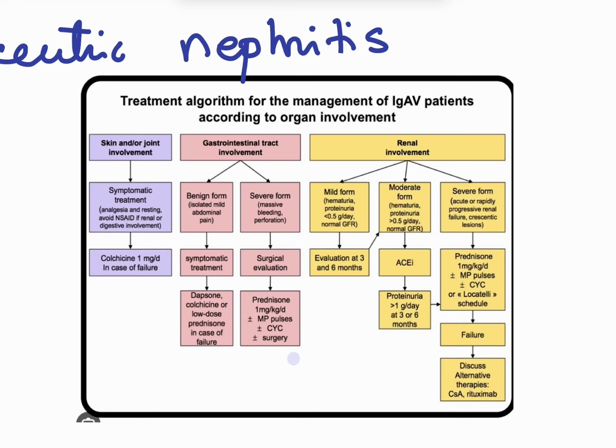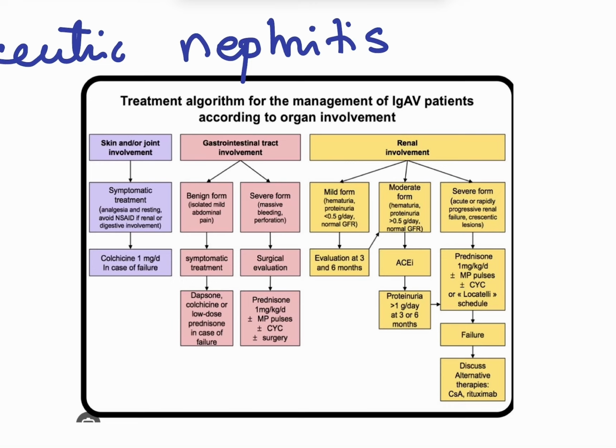Renal involvement is very important. If this is the mild form, like a mild hematuria, proteinuria less than 0.5 grams per day, normal eGFR, then you can keep patient under observation and evaluate at 3 and 6 months. If it's a moderate form, like hematuria, proteinuria more than 0.5 grams per day, but eGFR is normal, can start patient on ACE inhibitors or can review the patient in 3-6 months time.